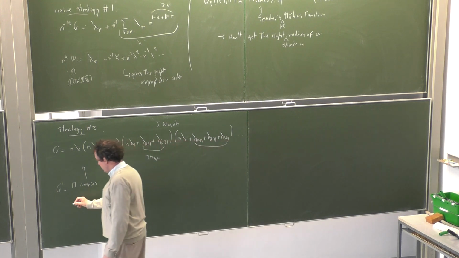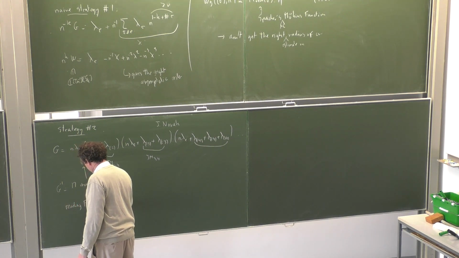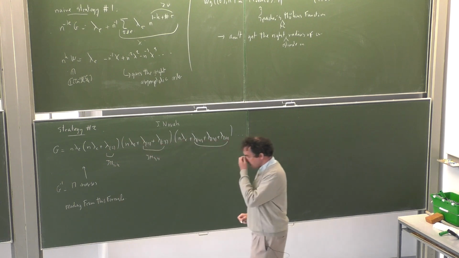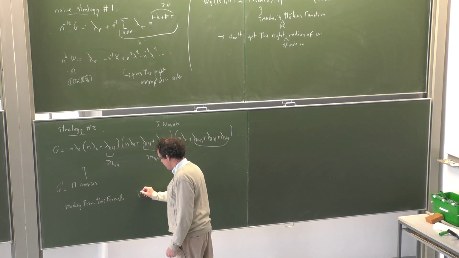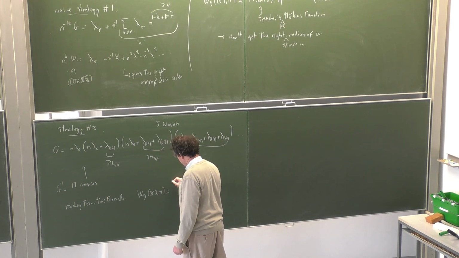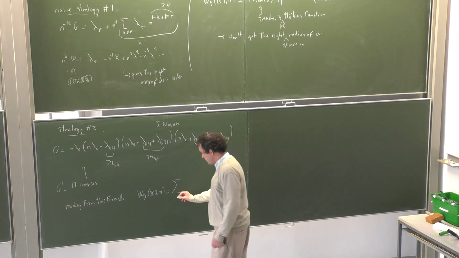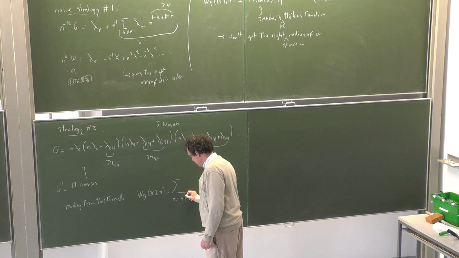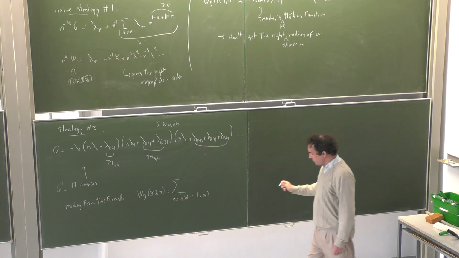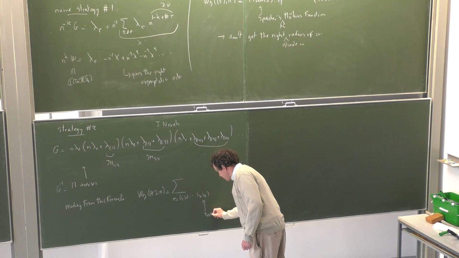In particular, reading from this formula, what we get is that Weingarten of sigma, n, this is actually the sum over all ways I can write sigma as (I1, J1) ... (IK, JK), where these are all transpositions.